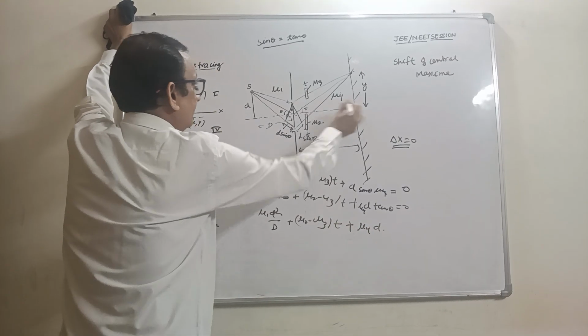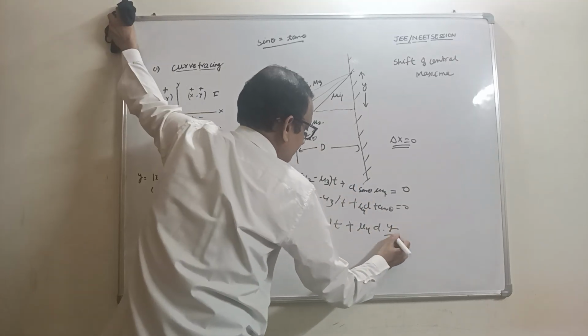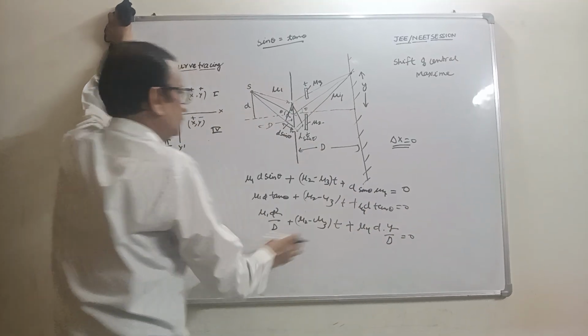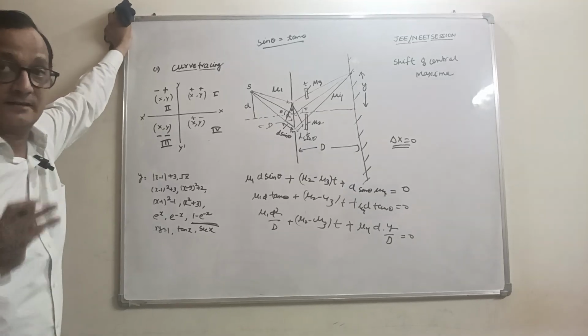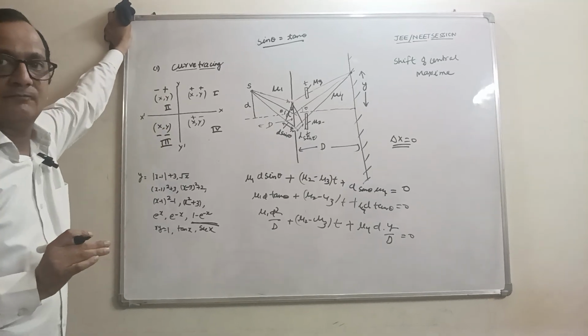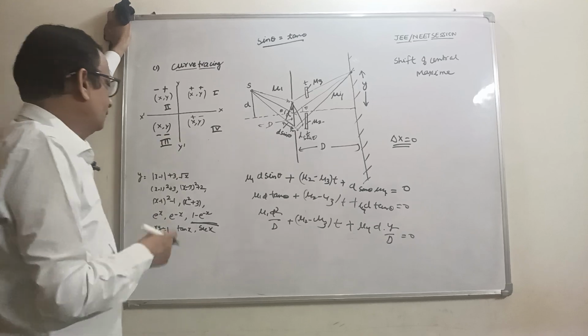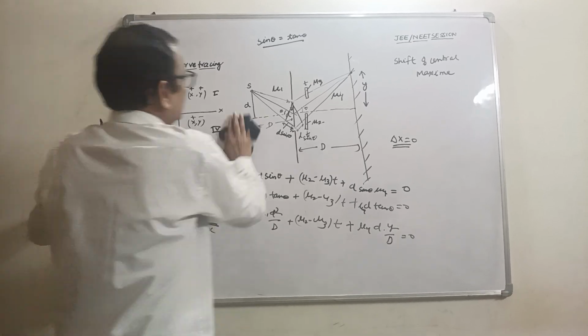Tan theta would be y by D. This is the approximation we use in wave optics. So this is the concept.